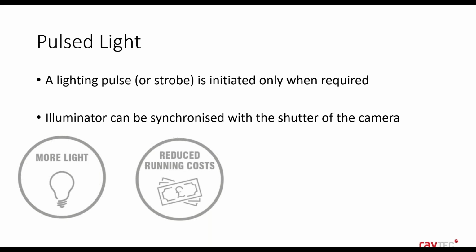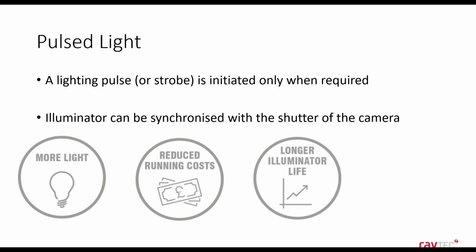But if you did want to generate more power, even when you overdrive LEDs by 5 times the pulse power, you are still saving 75% compared to a constant light illuminator. So there are big opportunities to save energy consumption and costs through using pulse light.